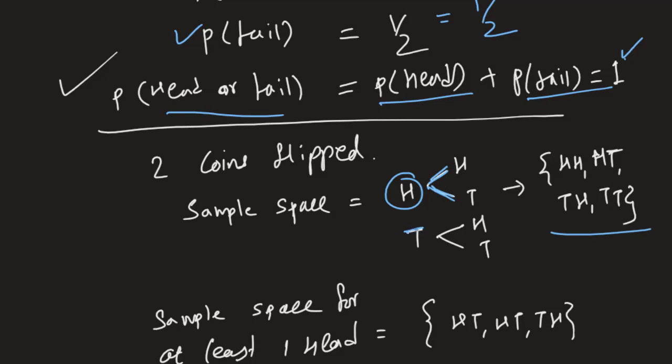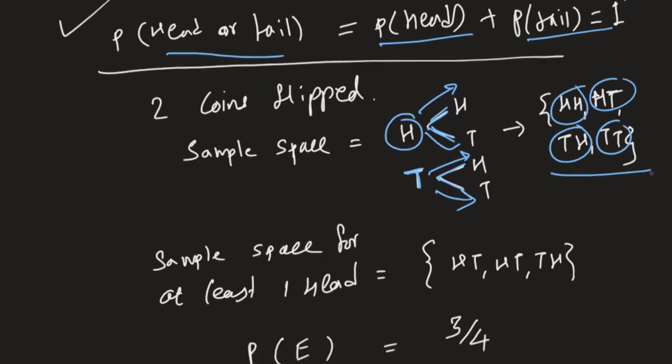And if the first coin comes out to be tail, then for the second coin there are again two possibilities. So the total sample space in this case is HH, HT, TH and TT. This is the total sample space when two coins are flipped.